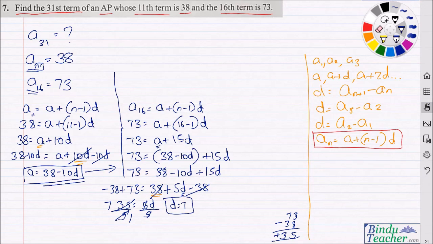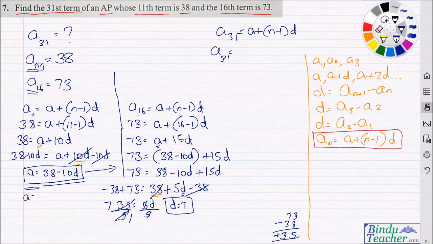So let's write another equation, a of 31 equals a plus n minus 1 into d. Now a is something that we have to find out. Can we do it? Yes, we can, because we still have this formula. Let's do the calculation here.